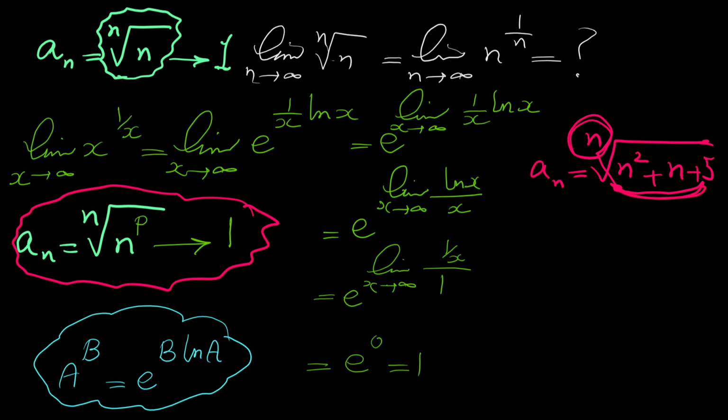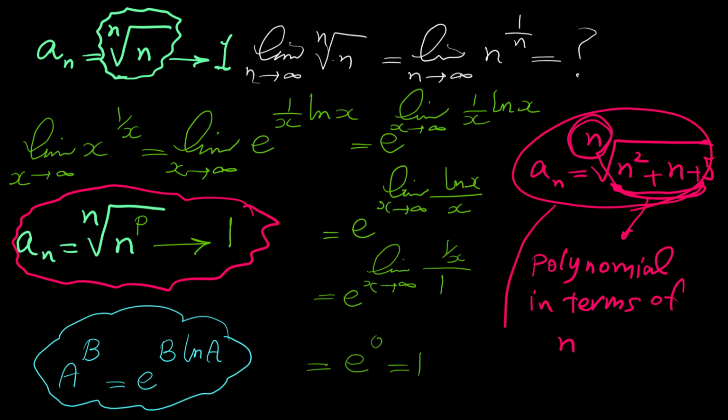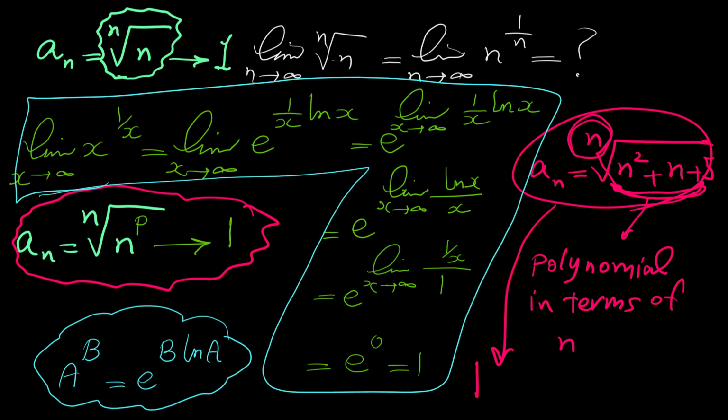As long as here we have a polynomial in terms of n, the limit of this sequence is always 1. And the proof is something like this.